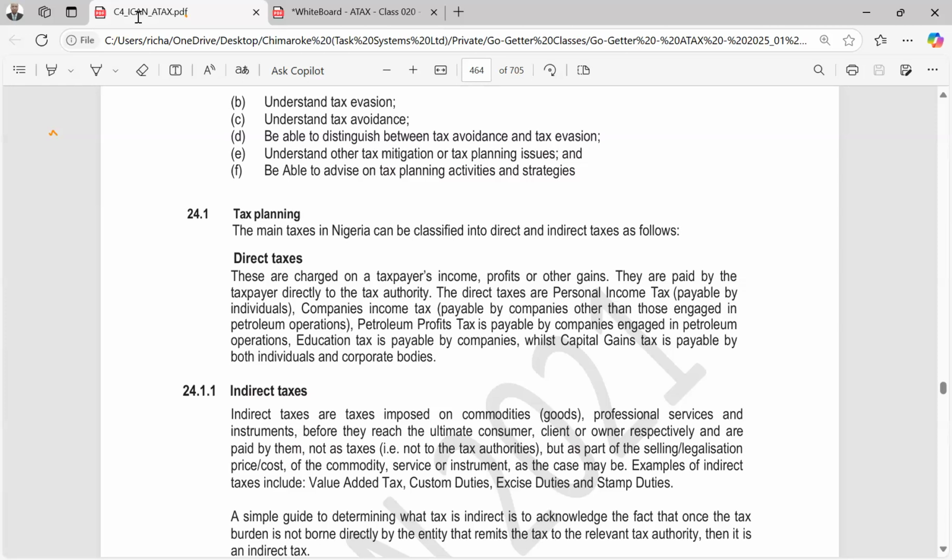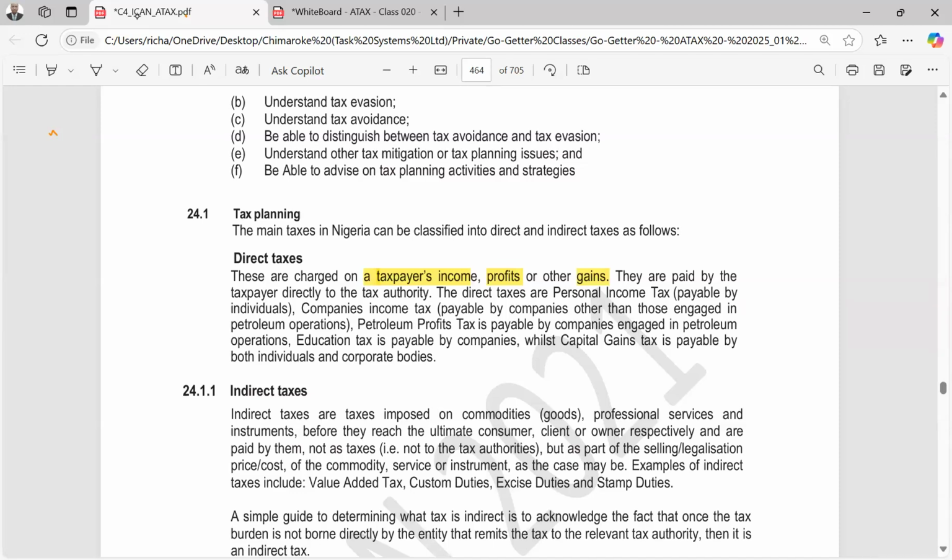What are direct taxes? These are taxes that have an impact on the taxpayer's income, profits, or other gains, meaning that what you are paying as tax affects your income, profits, or gains directly.